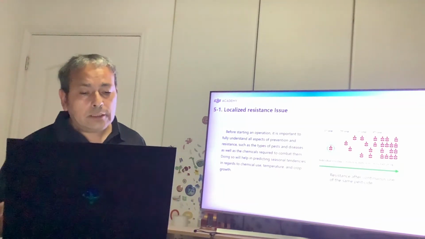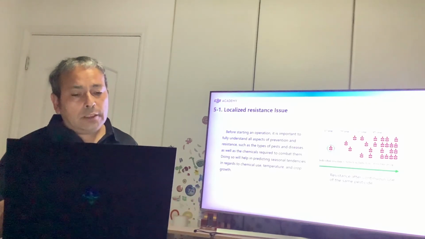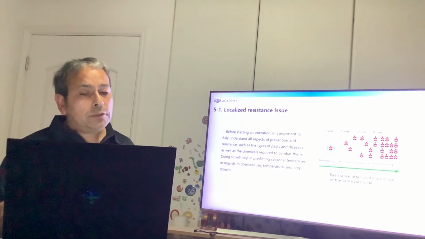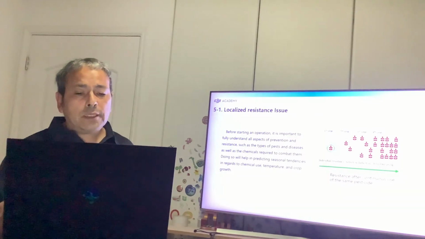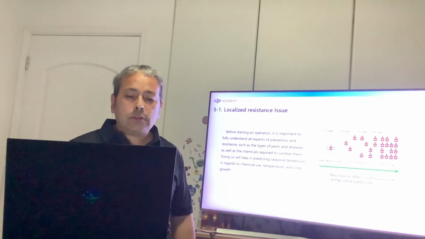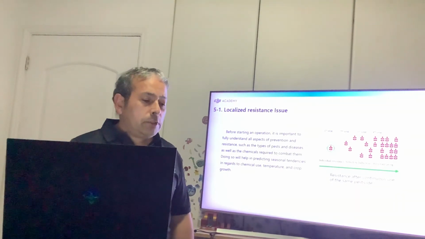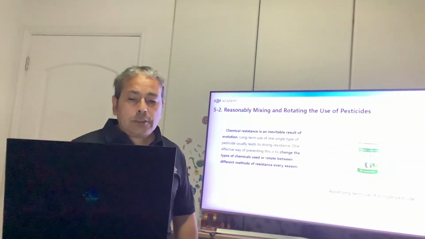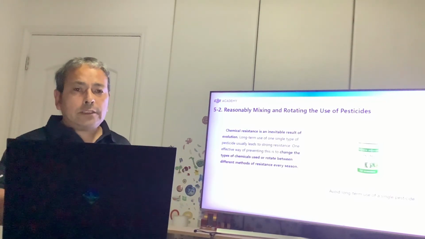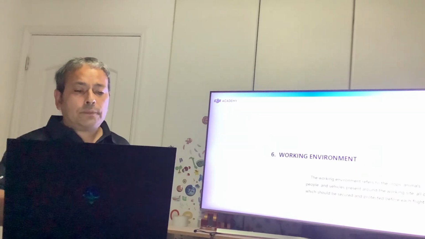Like in 1 year, there is only individual resistance, and if we keep using the pesticides for more than 3 or 4 years, there will be a resistant group. So we suggest that you use different pesticides for a specific crop.